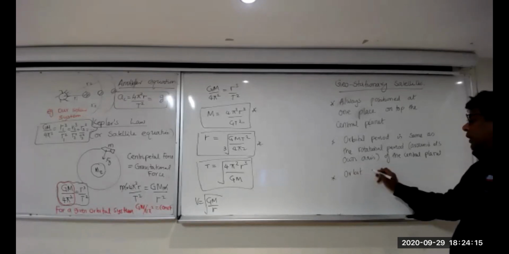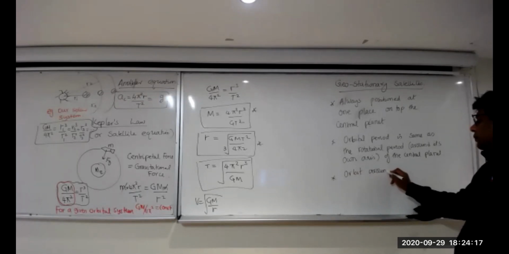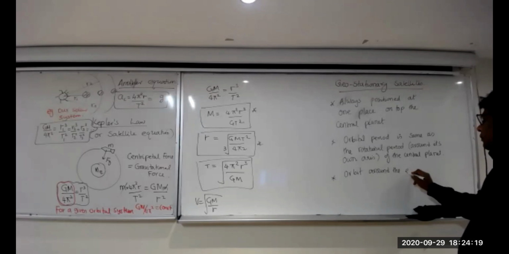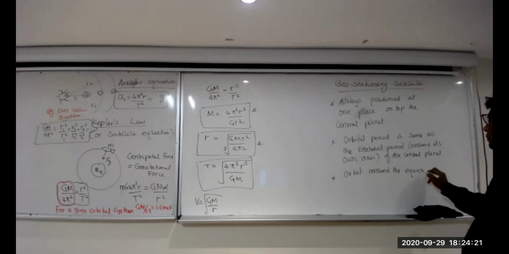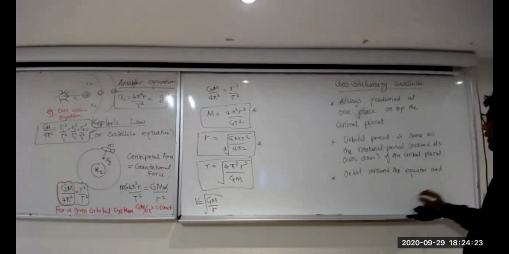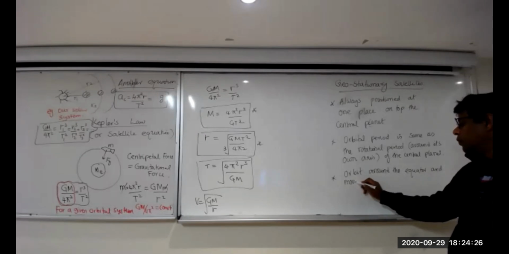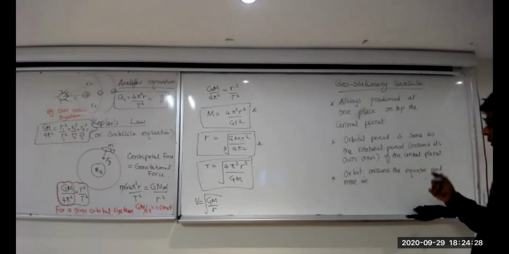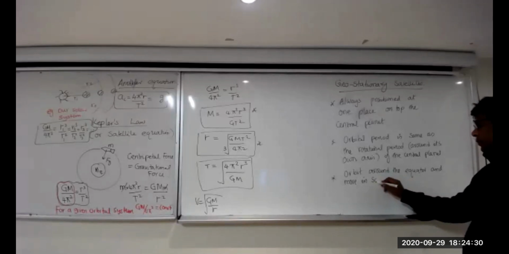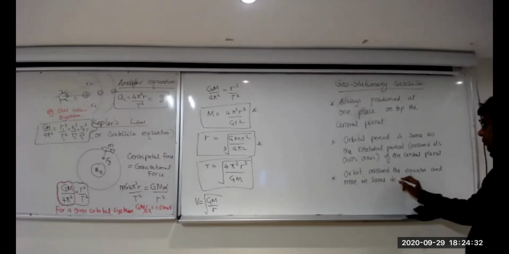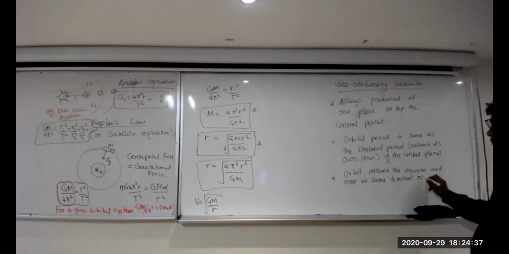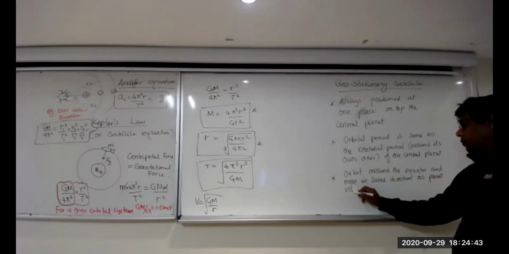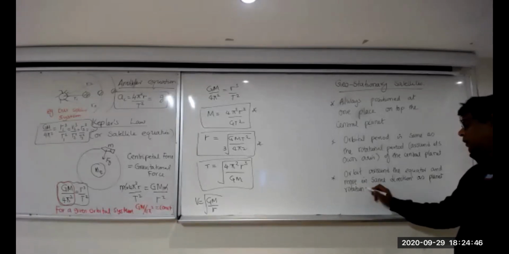So they orbit around the equator and move in the same direction as the planet's rotational direction.